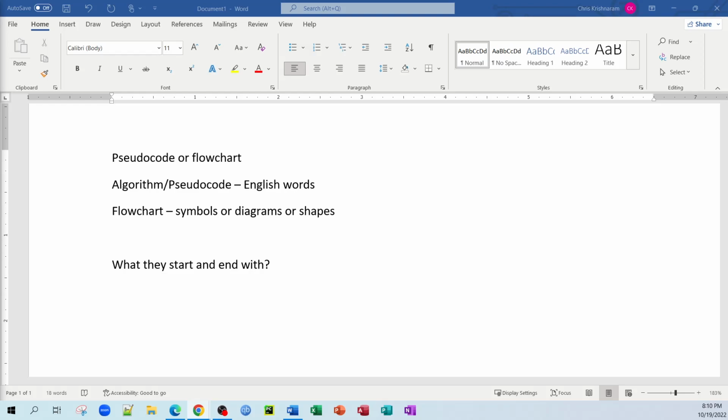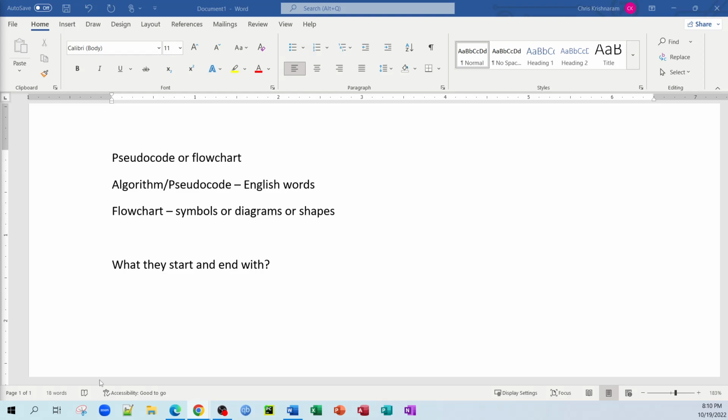These questions are too simple for you guys to not know. What should a flowchart, an algorithm, a pseudocode start and end with?